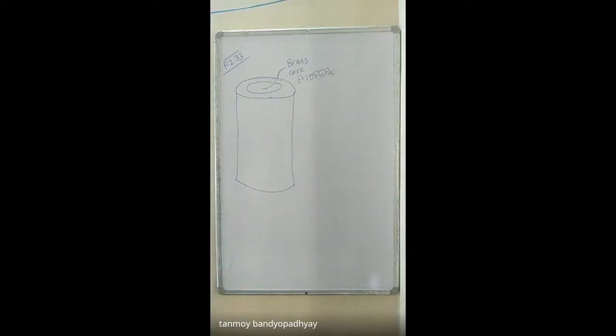For the tube part, the length is given, the A is given, the outer diameter is given, and the inner diameter will be the same for both materials. This is 60 millimeter, and this entire length is 300 millimeter. See what else is given.